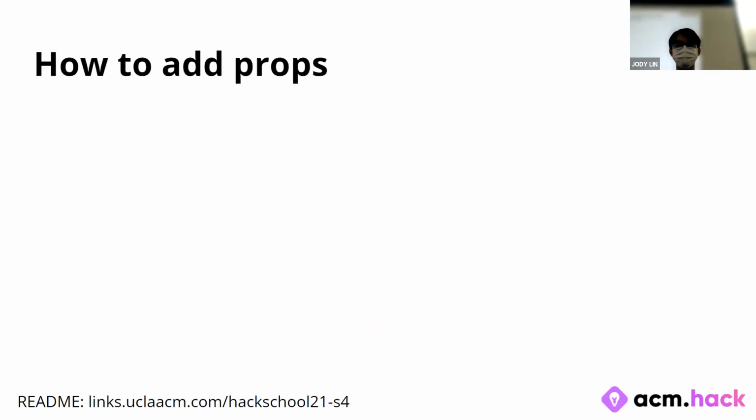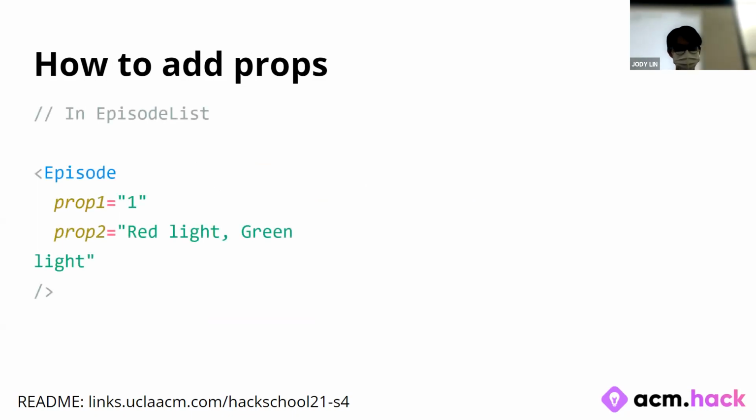We've seen how we can use props for the image tag, and image is not something we created ourselves. So how do we use it for something we created ourselves? On the left is how we might want to use props.